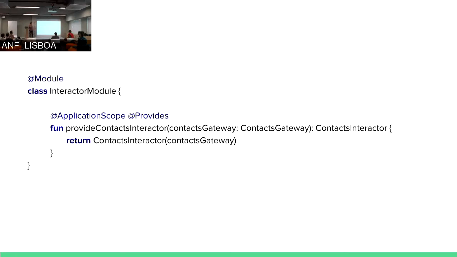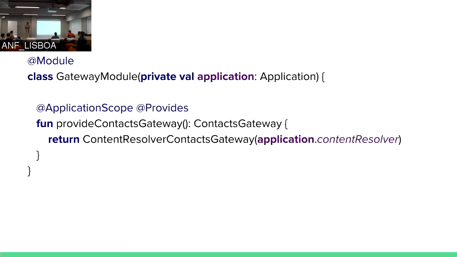And the interesting point here is that this provides method will say that it depends on the context gateway. And there's no provide here for the context gateway. But since we declare in the application component that we have the gateway module, here I go, yes, it satisfies the dependency of the context gateway. The interesting part here is that this module has a property in the constructor, so a dependency itself, that's the application.